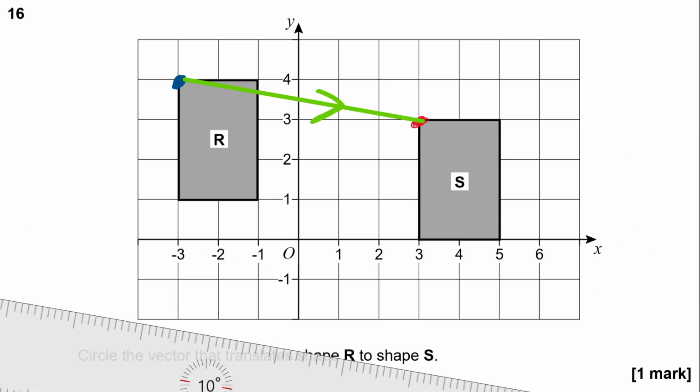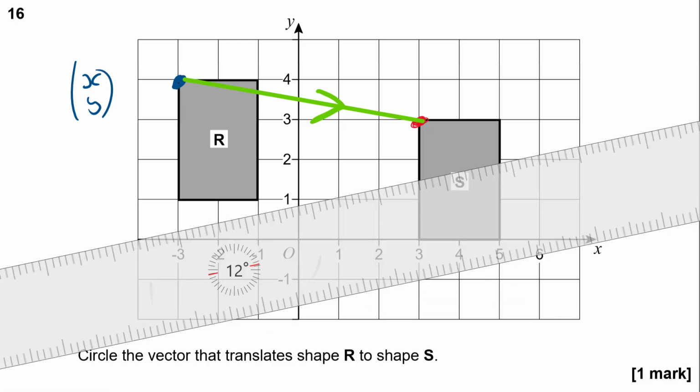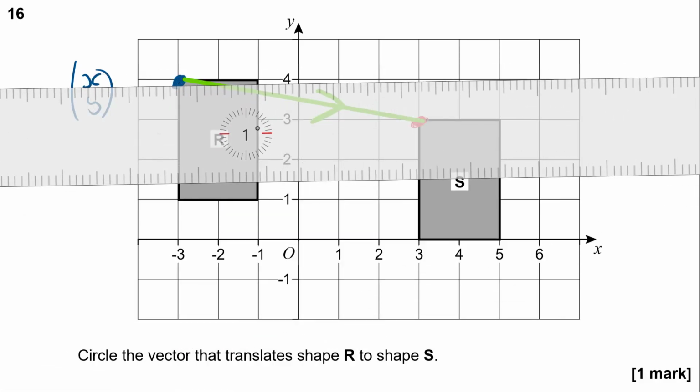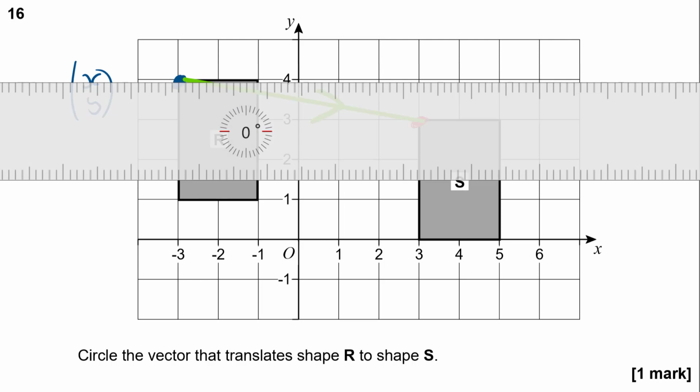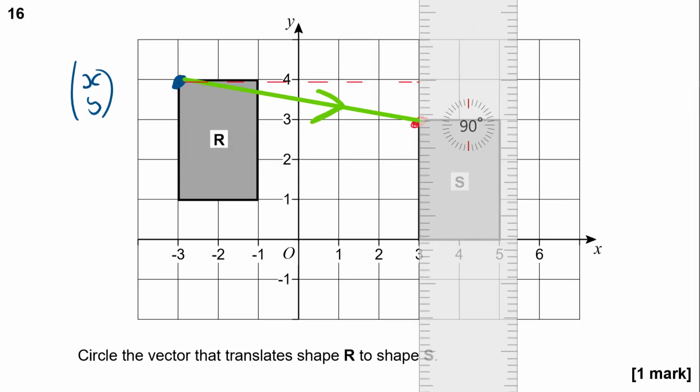Now, a vector is written in the form x over y, which is the distance in the direction of x and the distance in the direction of y. So what is the distance in the direction of x? It's this distance here. So that's the same as going along here and then changing direction and going down here.